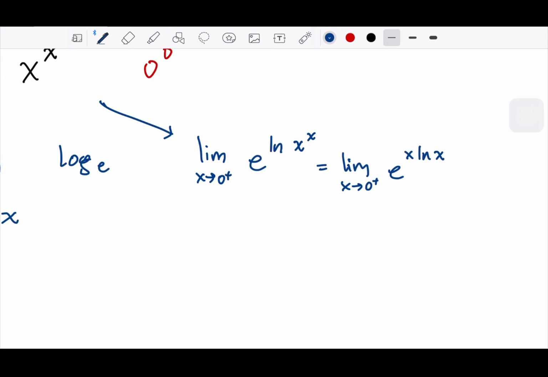So we can take the limit inside of the function. So we have e and then limit. Okay. And then you can solve the limit. And remember, because we have e, don't forget to include e.